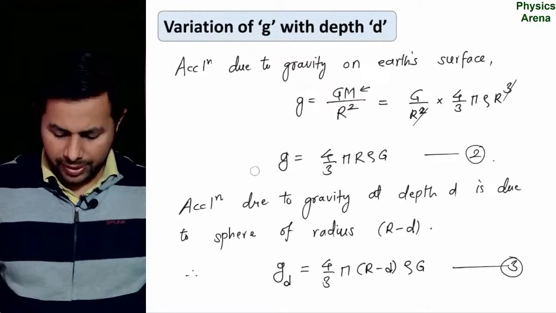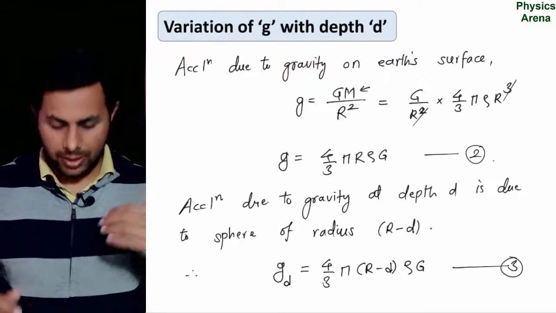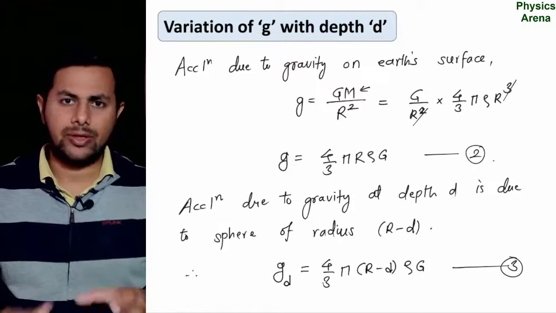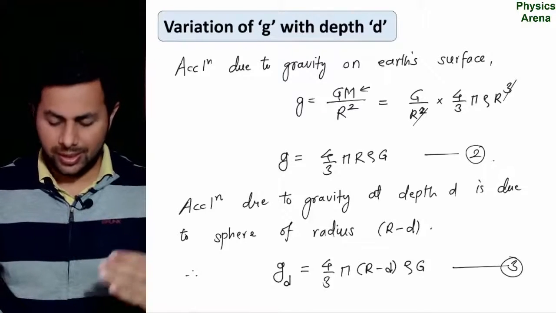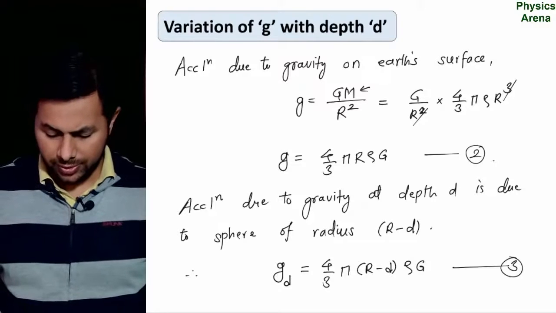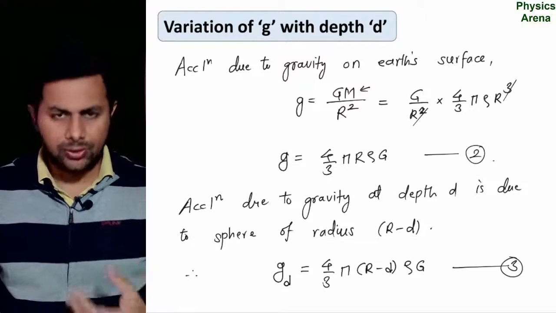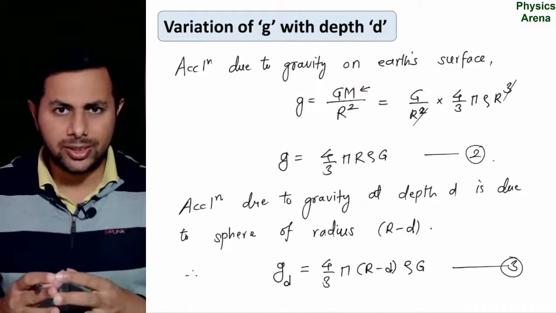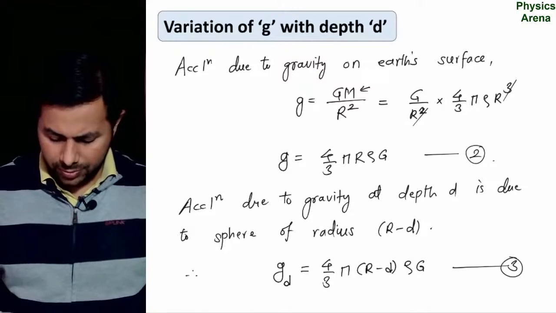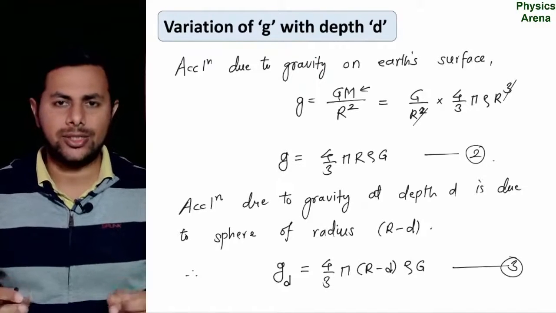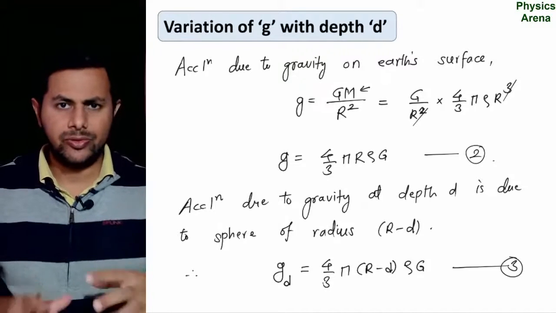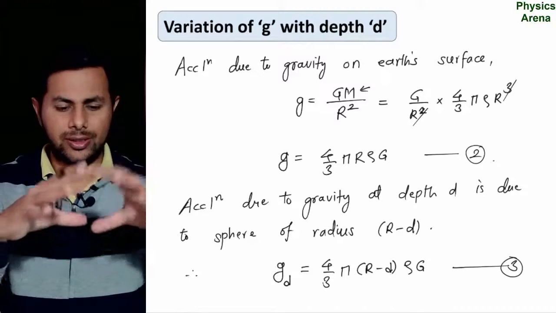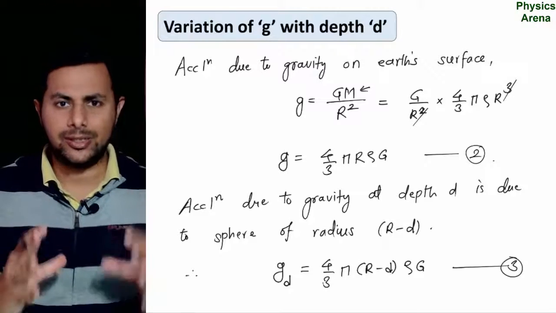And if we compare, if we want to write the formula for it, then acceleration due to gravity due to a sphere having radius r is equal to 4 by 3 pi r rho G. So 4 by 3 pi is a constant, rho and G are constant, because we considered that Earth has uniform mass distribution, and therefore we can easily write down the formula for acceleration due to gravity at depth d, which will be due to a sphere having density equal to density of Earth and whose radius is equal to r minus d.